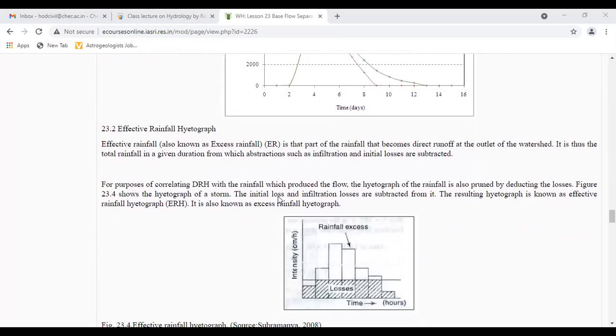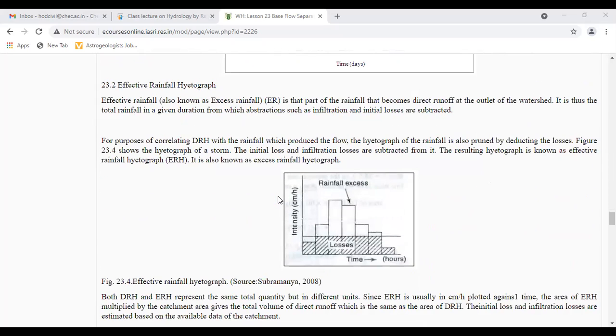Guys, the next topic is the effective rainfall hydrograph. Effective rainfall, also known as excess rainfall, ER, is that part of the rainfall that becomes direct runoff at the outlet of the watershed.